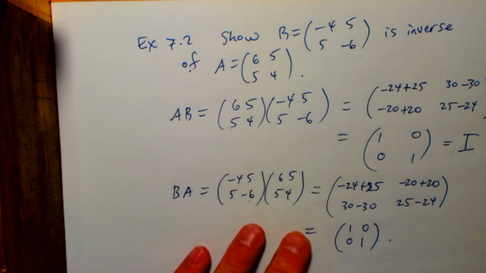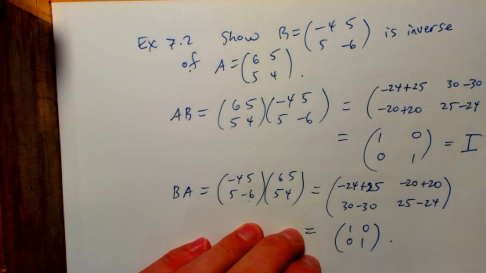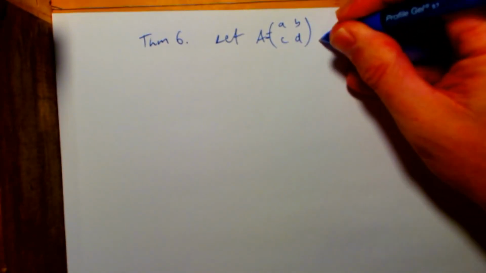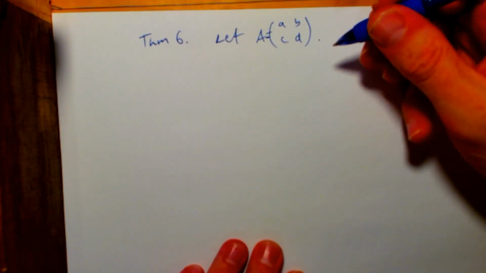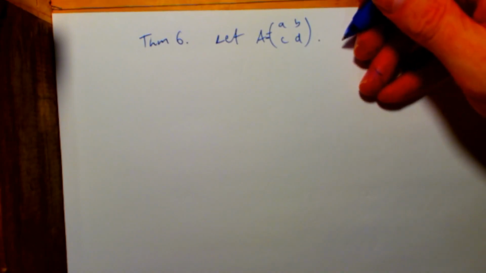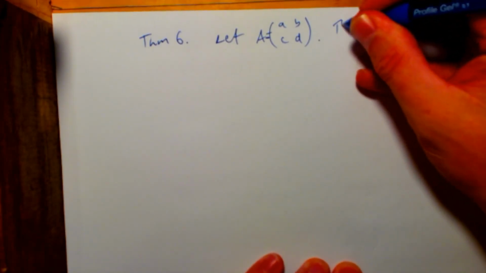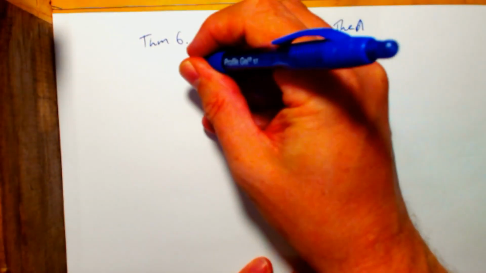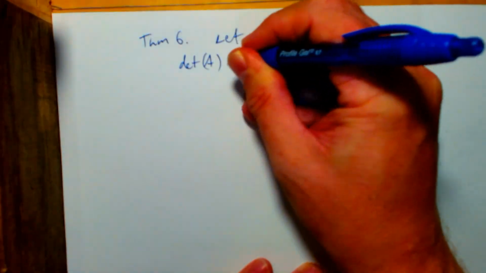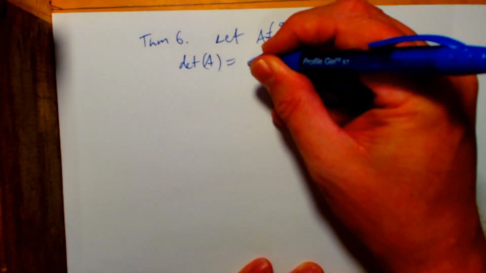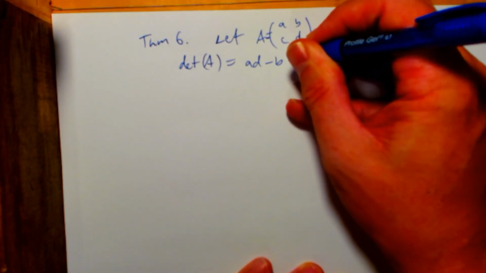Okay, let's move on to theorem 6, which says, let A be equal to the matrix A, B, C, and D. Now the determinant of A, det of A, is equal to the product of the diagonal elements, so AD minus BC.